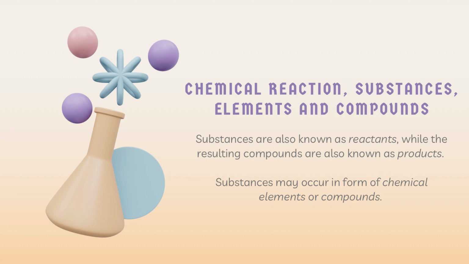Chemical reactions, substances, chemical elements, and compounds. Chemical reaction is the conversion of one or more substances, which are also called reactants, into one or more distinct compounds, which are subsequently called products. Take note that elements or compounds are under substances.